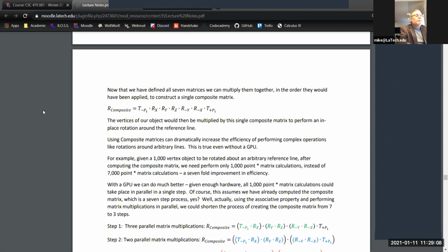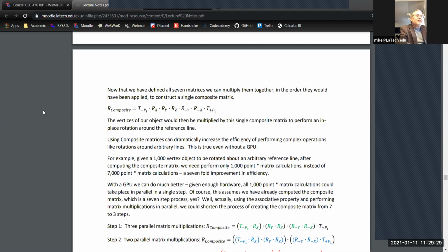But if we multiply all those matrices together, I don't have to do 7,000 matrix operations. I only have to do 1,000 matrix operations. Each point can be multiplied by this composite matrix, and it'll do all 7 of those operations together at once in parallel.